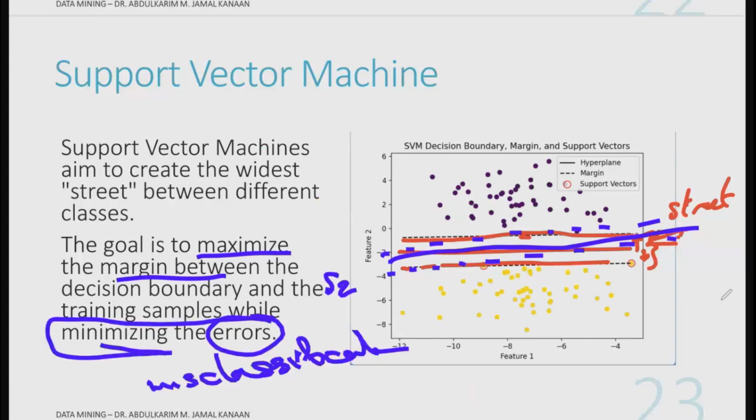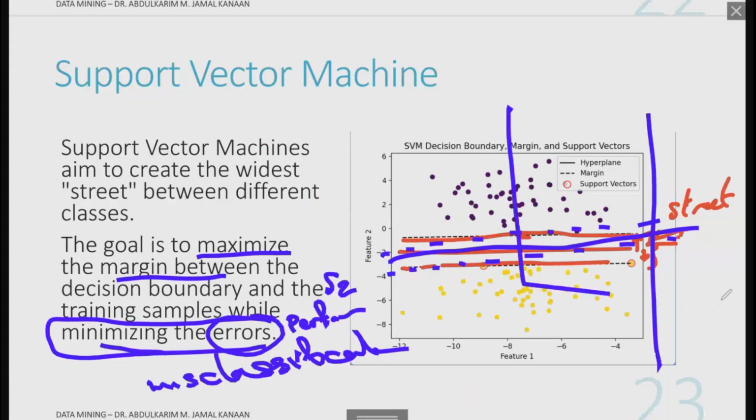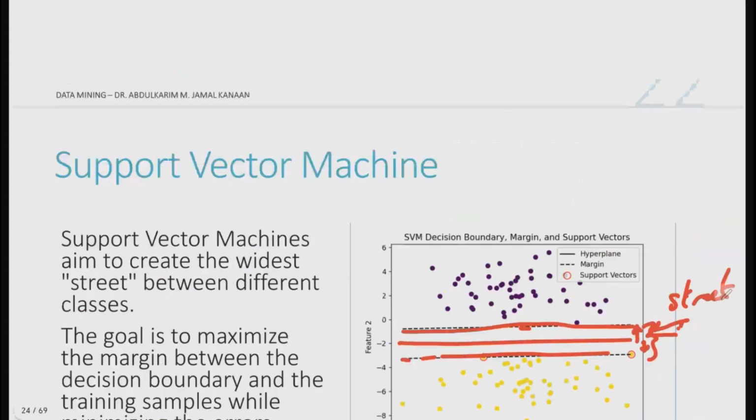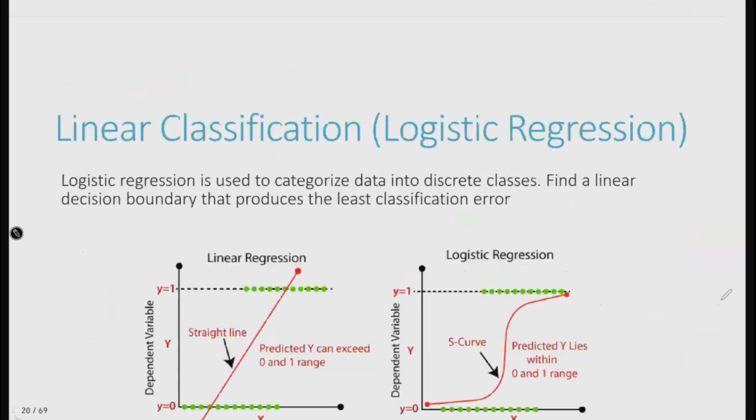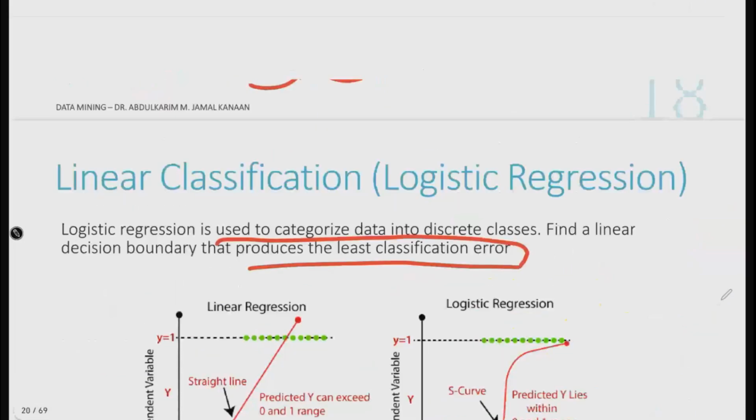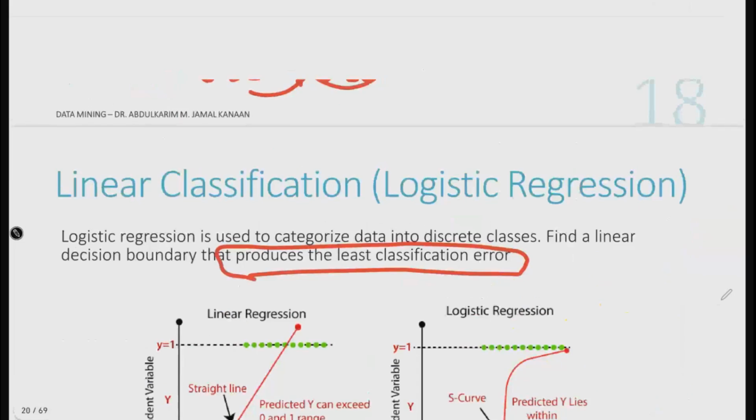If you remember from an earlier slide, we said we have task, we have model, we have performance. So this one will help you set the performance. You see that this produces the least classification error, meaning the misclassification. How about regression?